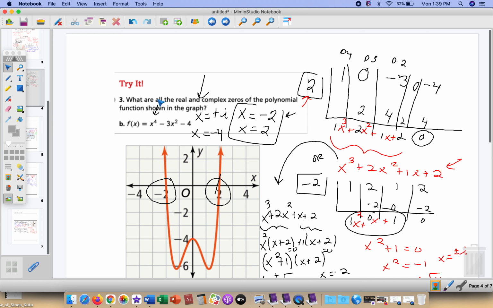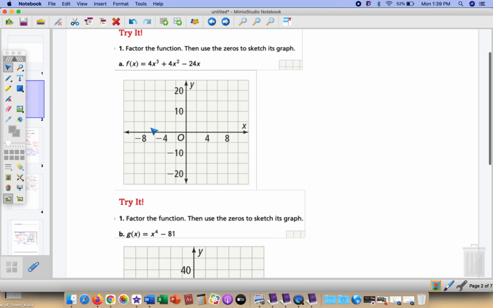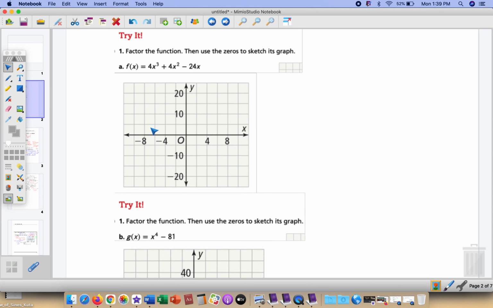Let's go back to the top for a second in case you missed some of it in class. Remember, you can copy your whiteboard work up here if you'd like. So it says factor the function, use zeros to sketch. So we can look for a GCF if it says factor. Is there a GCF? Yes, it looks like there's a 4 and an x.